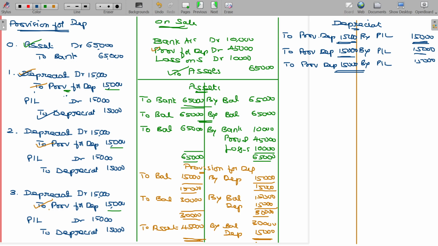Now, how this will appear in the balance sheet? Okay, let's see here. In case of posting these things in the P&L account as well as balance sheet, Balance sheet எப்படி இருக்கும்னா முதல் ஆண்டில் asset அப்படினு சொல்லிட்டு எவ்வளவு இருக்கணும் 65,000. இதுக்கான depreciation subtract பண்ணிக்கிறேன்.